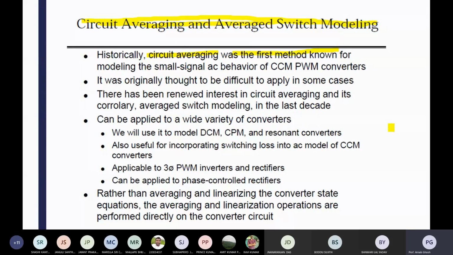But when sophistication or efficiency matters come, they compare their modeling of that converter with the average modeling. That's the beauty of this averaging method: it is a well accepted method in the literature.